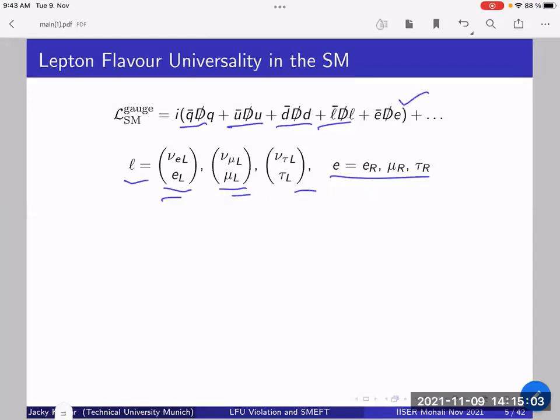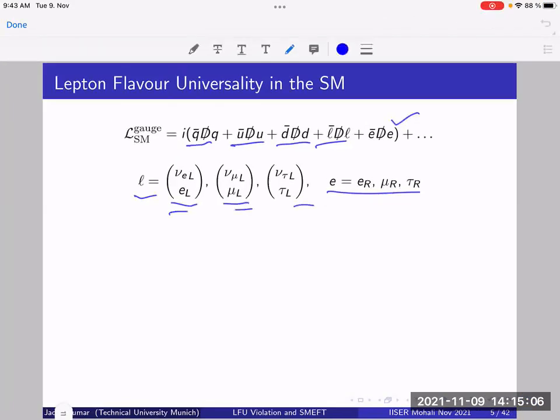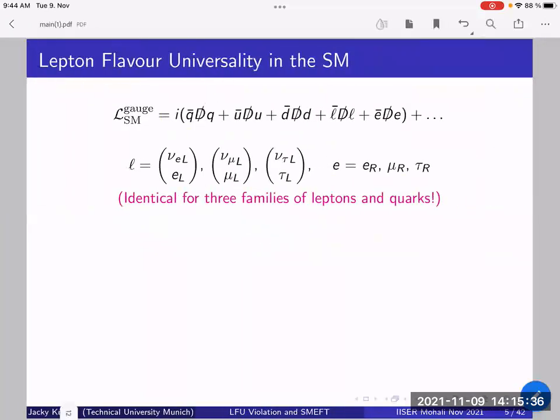Here D_mu is the covariant derivative, which as you know has a form something like D_mu = del_mu minus i times some coupling, times the symmetry generators, for example of SU(2), and then the gauge fields. When you expand this term of the Lagrangian, you will get interactions of these gauge fields with the leptons or quarks as well. So this sector is completely identical for all families of leptons and quarks.